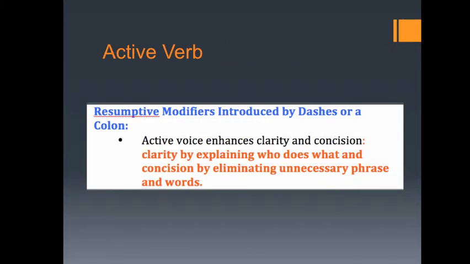Here's another example sentence, which I want to use to highlight the role that active verbs play in all of the sentences in this document. Every sentence is written in active voice. Here's a good example of a strong active verb here, enhances. So as you're learning a new technique, in this case, a kind of cool resumptive modifier that follows a colon at the end of the sentence, the phrases that follow clarify the meaning in the independent clause.